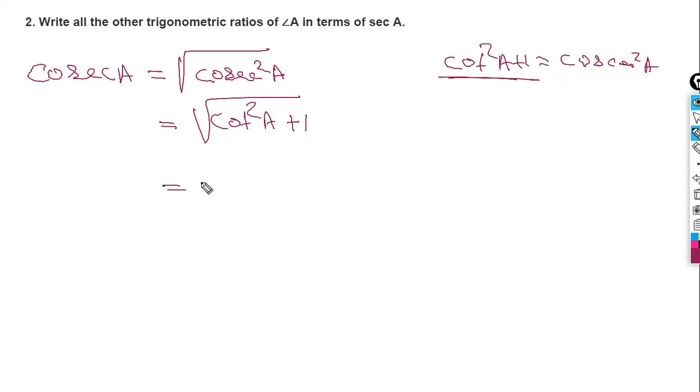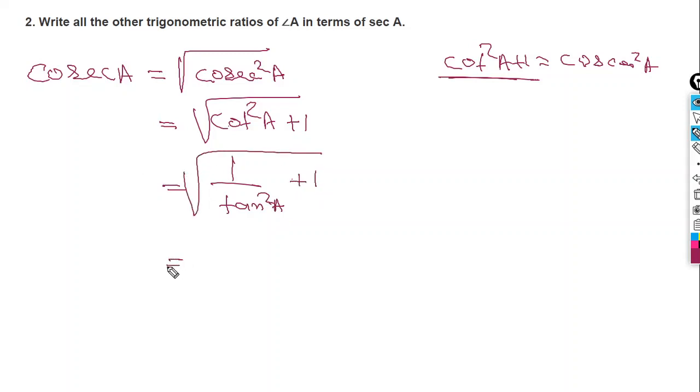Now you know that cot a equals 1 by tan a, so we will write 1 by tan square a plus 1, then whole root over.